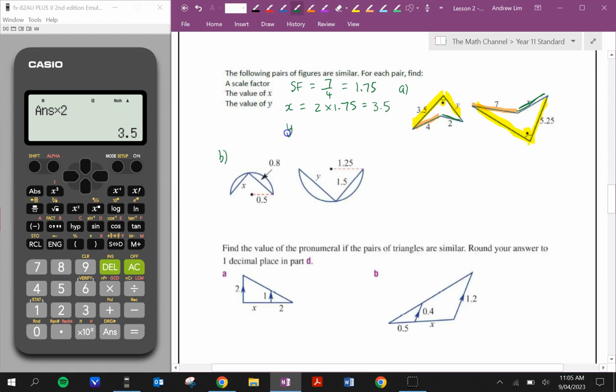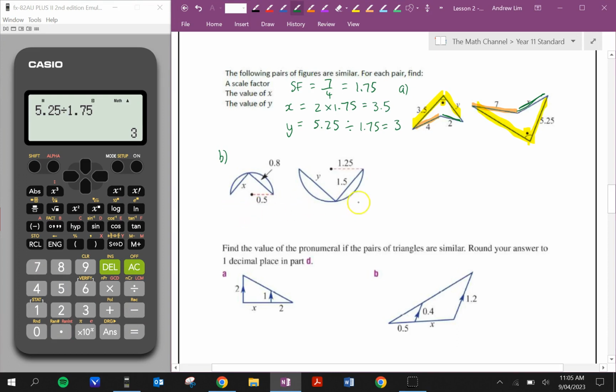And y is part of the smaller similar figure. That's going to correspond with the 5.25. So I'm going to take the largest corresponding side and divide by the scale factor, which is 3. Right, so y is 3.